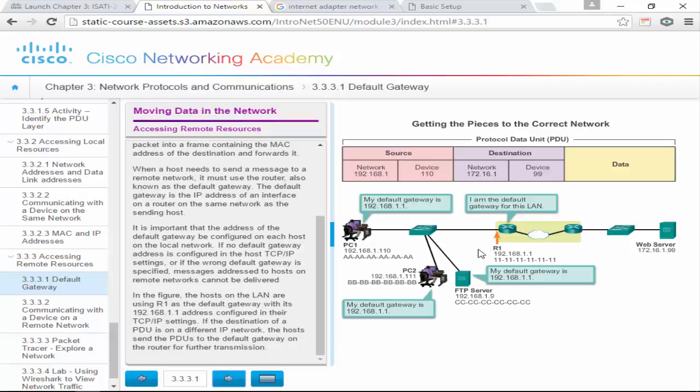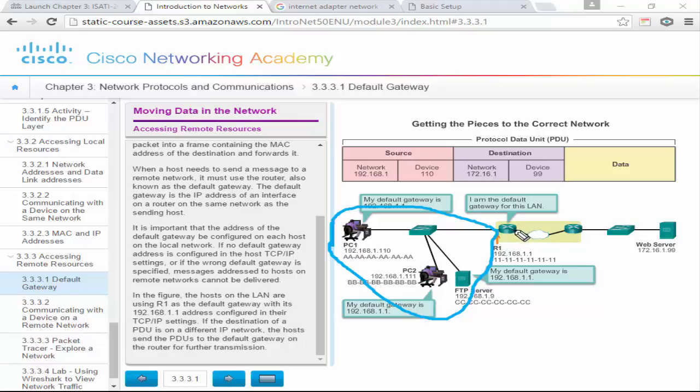It has to be in your same network, and I guarantee someone listening to this is going to put their default gateway as something over here, but each router interface breaks down a network, so it has to be inside of this network. The default gateway is right there because it's the router, and the router routes to different networks, so it's always going to be a router that is your default gateway, but it has to be in this network as well, right?